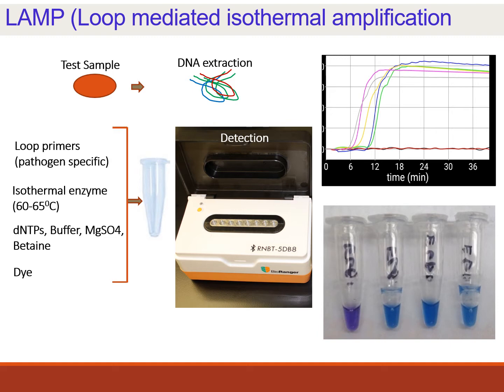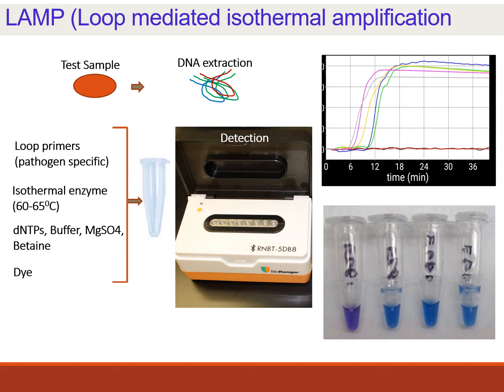In addition to antibody-based fire blight detection, we have also optimized a DNA amplification-based method called LAMP. LAMP method can be divided into 3 steps. First is the DNA extraction from the suspected sample, then amplification of this DNA, and then finally detection of this amplified DNA. We have used a commercial device from a company called BioRanger, and this device is also linked with a tablet.